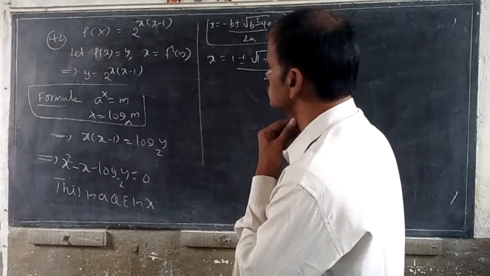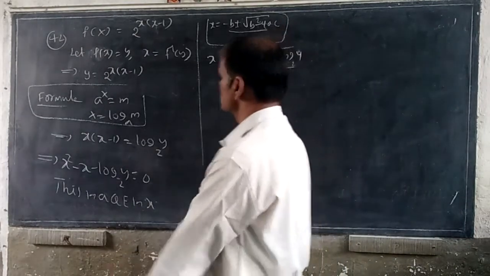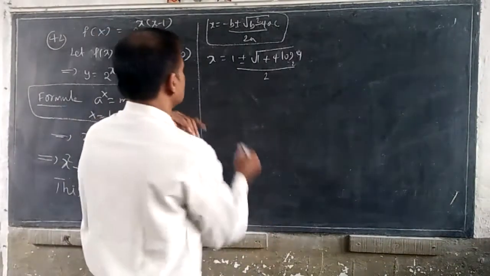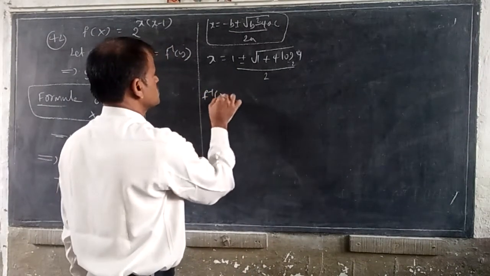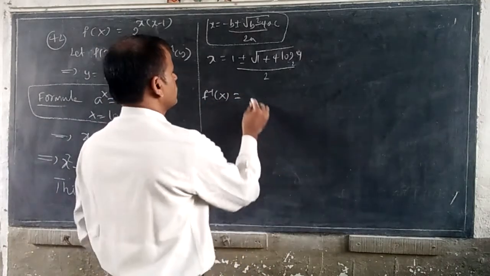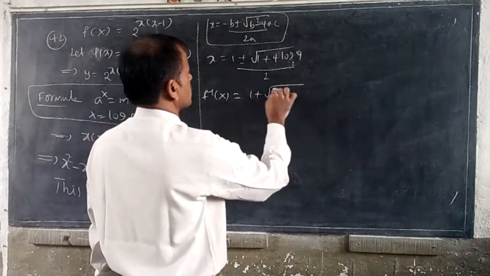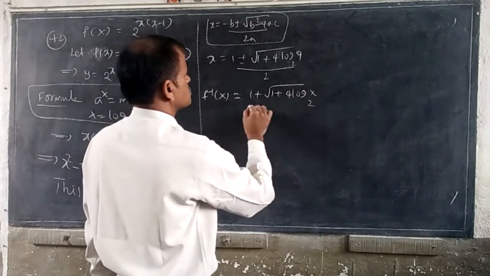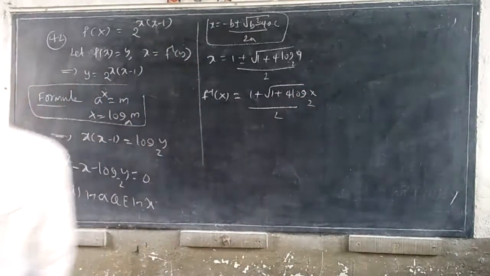X is in 1 comma infinity as given, so don't consider the minus. So you can write f inverse x as 1 plus root of 1 plus 4 log x to the base 2, whole by 2. Let us see the options.